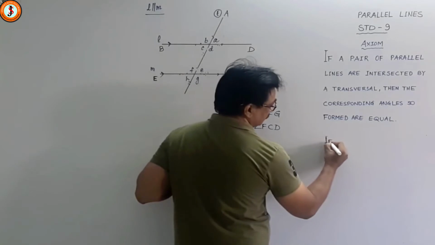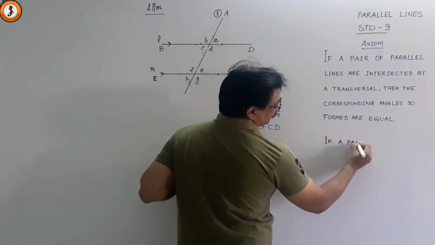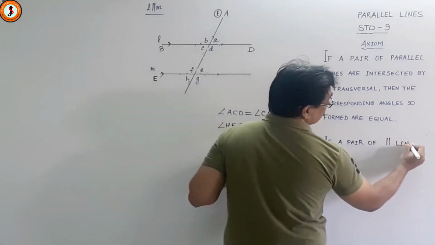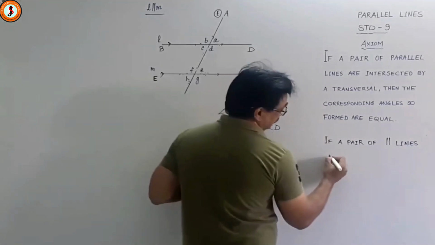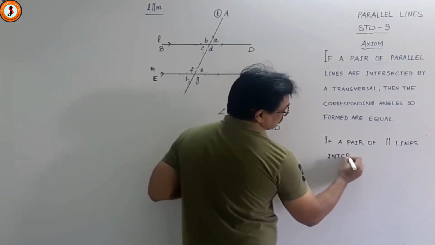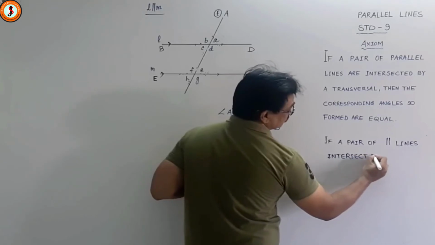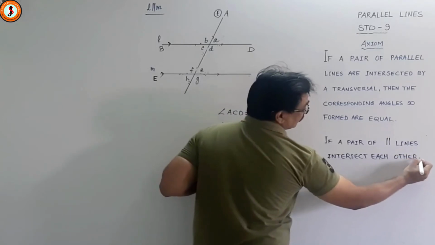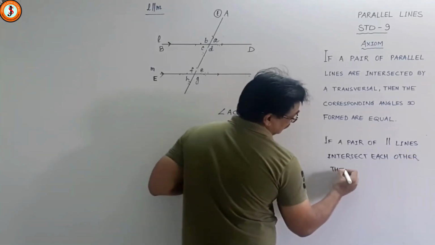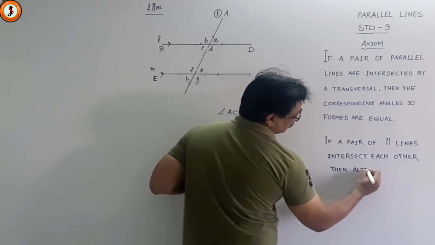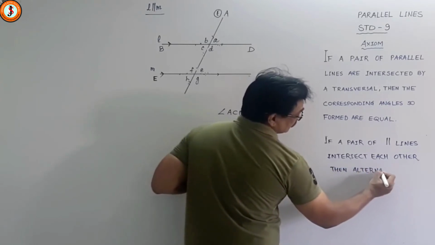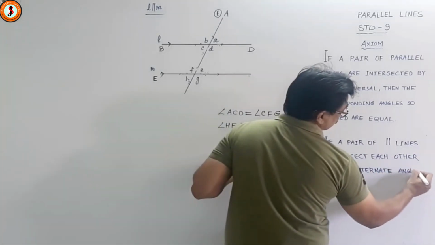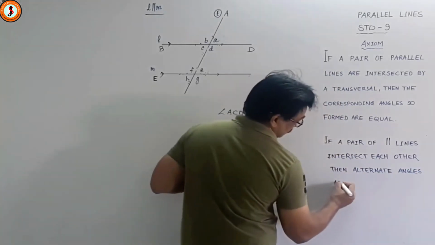If a pair of parallel lines, parallel is that sign, intersect each other, then alternate angles are equal.